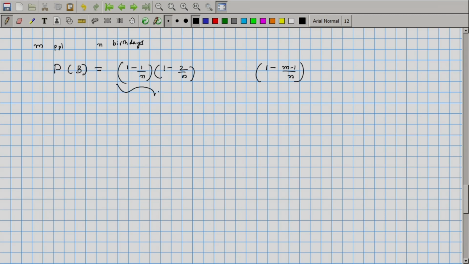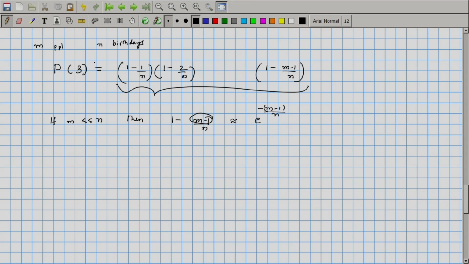We want to estimate this. So, if m is smaller than n, then 1 minus (m minus 1) by n, for small values of the numerator, can be written as approximately e raised to minus (m minus 1) by n.